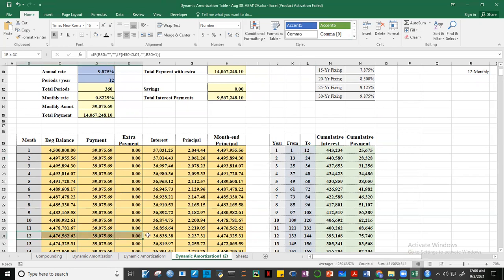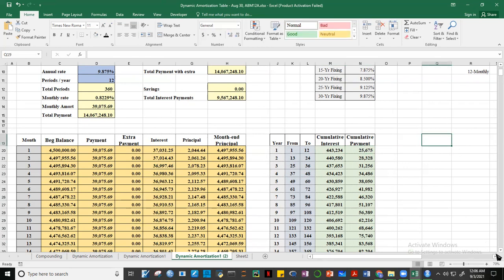Ito, no? I-add up niyan. Kasi yan total interest natin for the first year. And then dito naman, yung principal i-add niya. Okay, notice guys, sa year 1, mas malaki talaga yung ina-allocate for interest kaysa kay principal.